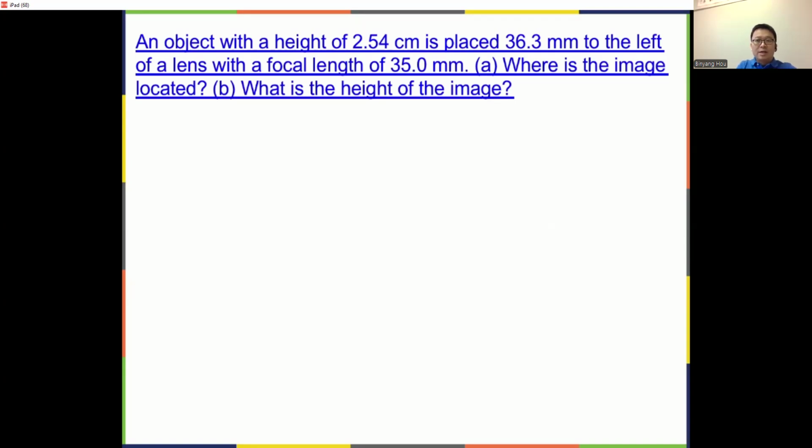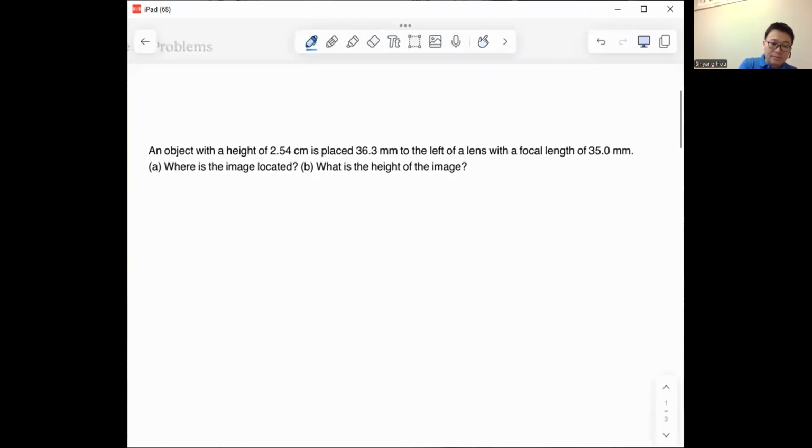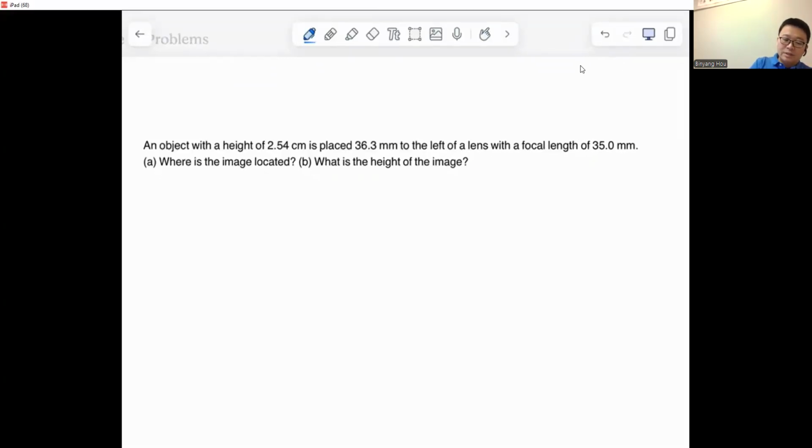It's asking what's the height of the image. Okay. So again, based on the two equations, the lens equation is exactly the same as the mirror equation, and then the magnification equation, okay, for the second equation there. So this is HO, the object height, and this is the DO, object distance to the lens, okay?